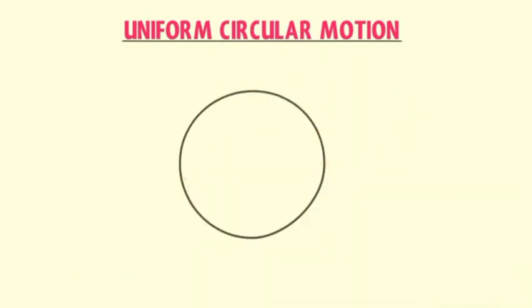Now let me teach you uniform circular motion. If I hide the word circular, what is left behind? It is uniform motion. Do you understand uniform motion? I hope you do. Now to understand uniform circular motion, let me draw a circle. Let a car be moving on the circular track, or on the circumference of this circle.